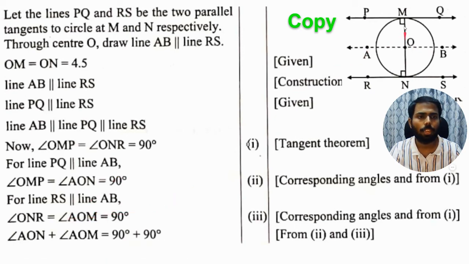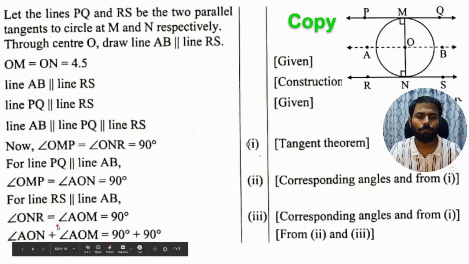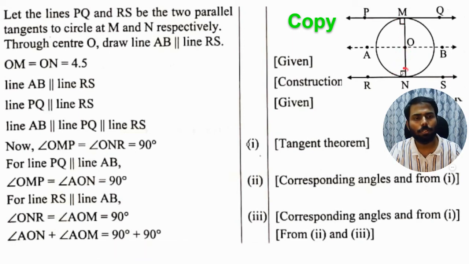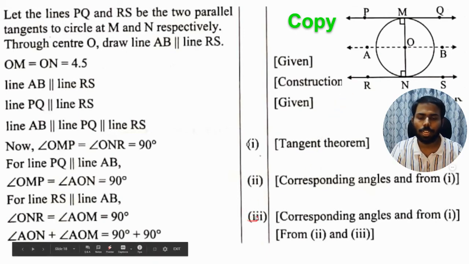AOM कहाँ पे? यहाँ पे AOM, ये वाला एंगल, and both of them will be equal to 90 again using corresponding angles and from 1. Okay, so अगर उसमें से एक एंगल 90 डिग्री है तो दूसरा एंगल भी 90 डिग्री हो जाएगा. So I've used corresponding angles. पहले ये और ये एंगल यूज करके इसको 90 बता दिया. सिमिलरली फिर ये और ये एंगल को यूज करके 90 डिग्रीज बता दिया. Okay, I have taken that as statement number 3.